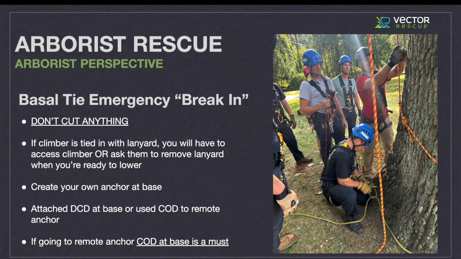So if they're taking limbs with either a pruning saw or a chainsaw while they're working, it's very, very easy to hit your own anchor strand that goes down the back side of the tree with a saw of some kind. And if you're not wearing a lanyard, that's a quick ride to the bottom. So a lot of climbers are not fans of basal ties once they start doing work, because their anchor is easily exposed to the saws they're working with, and stuff on the ground.